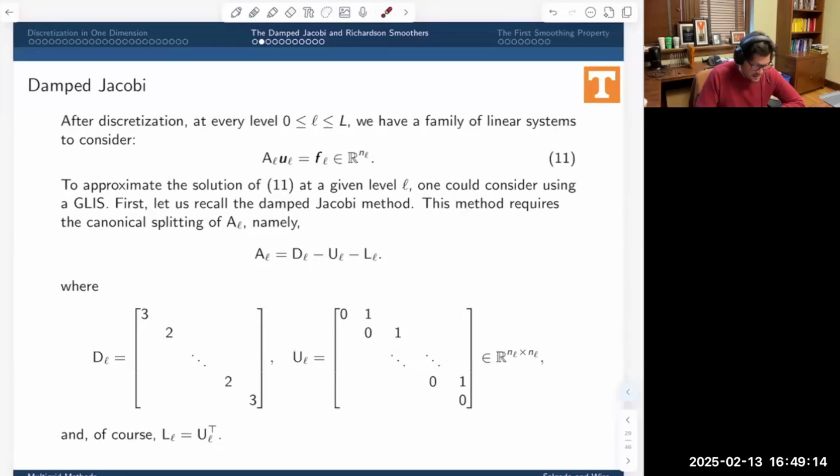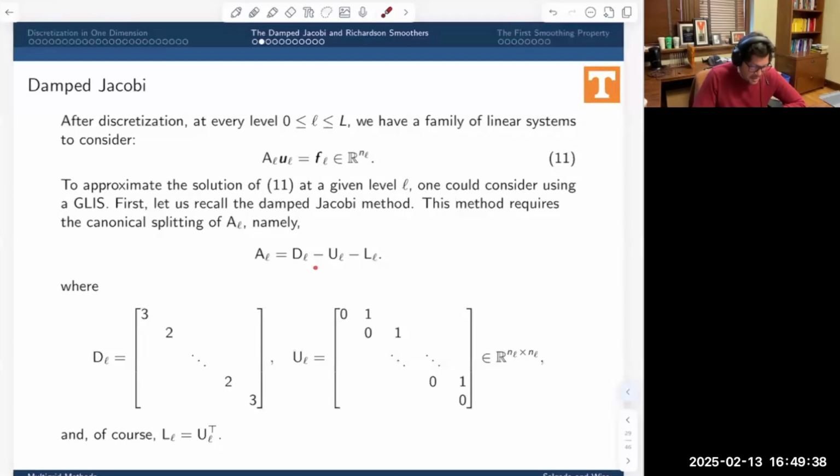It's different than in the standard finite difference case because we have these weird 3s at the first and last entries, and otherwise we have 2s. The problem with this method becomes apparent right away, and that is this diagonal matrix is not a constant diagonal matrix. So that's going to give us some problems.